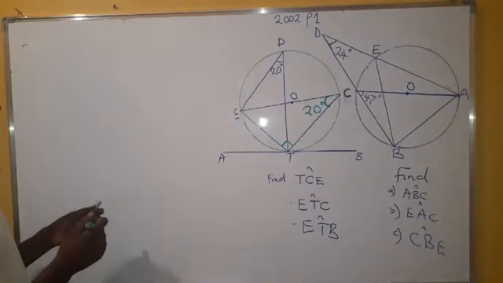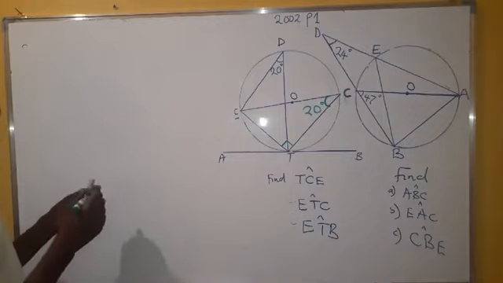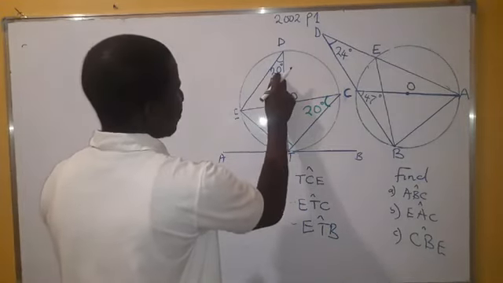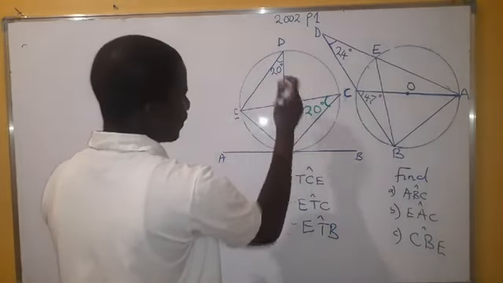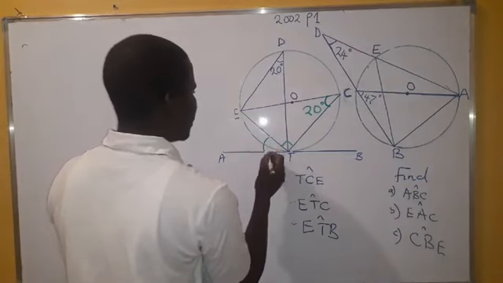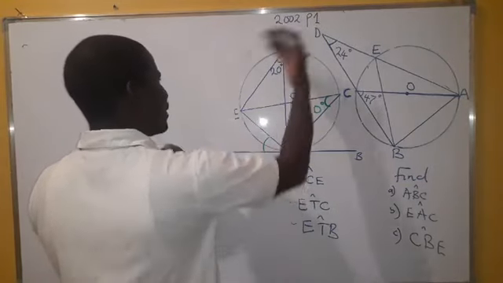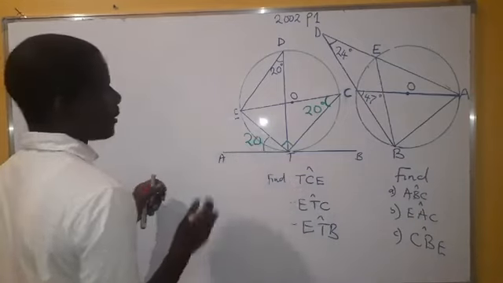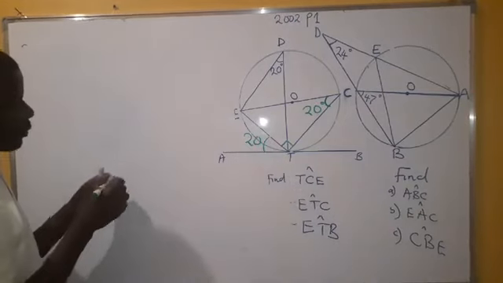Okay, that's what we are supposed to know. Are we together? Then also look at this angle. This angle is 20, so even this one here is 20. Why? The angles in the alternate segment. So even this one here is 20. Alright?